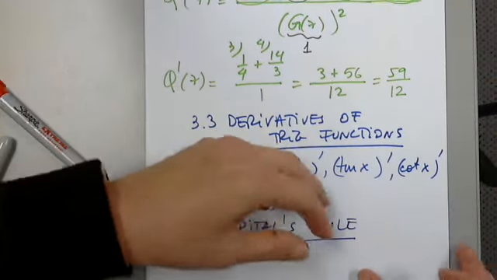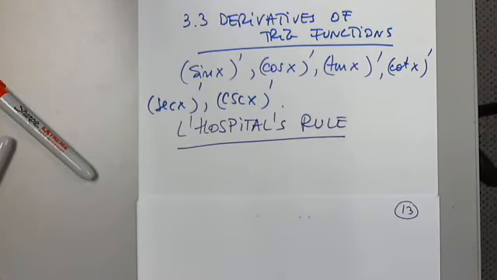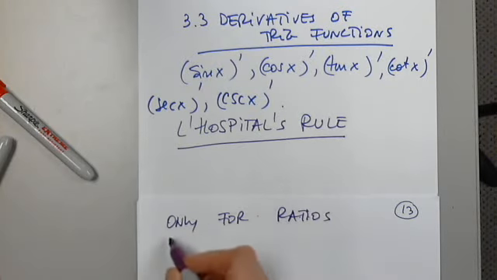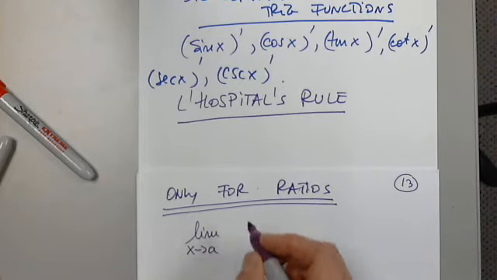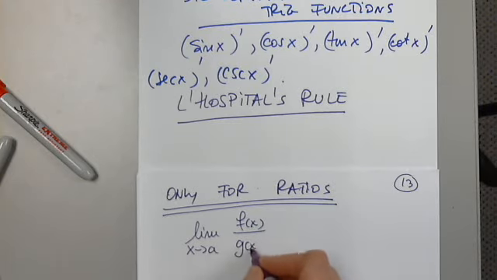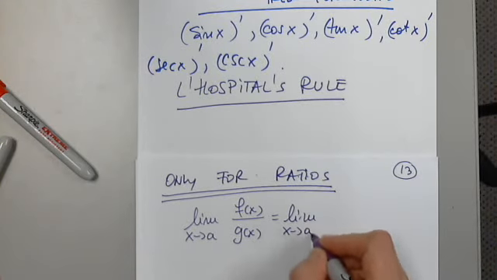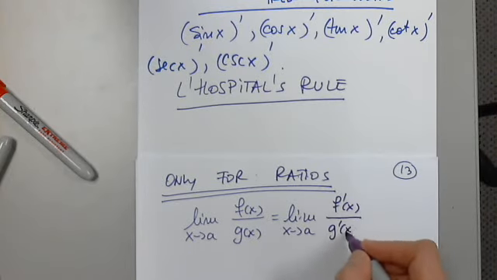This brilliant mathematician showed that, only in the case of a ratio, only for ratios, the limit as x approaches a from f of x over g of x can be determined as the limit as x approaches a from f prime of x over g prime of x.